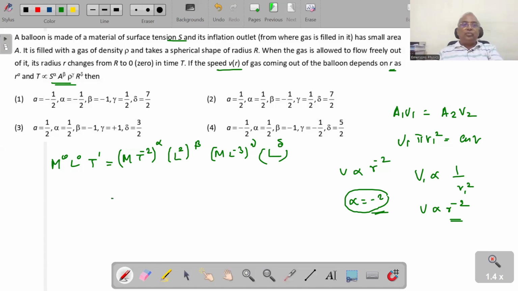We'll bring the terms together. M to the power of alpha plus gamma. T to the power of minus 2 alpha minus 3 gamma.